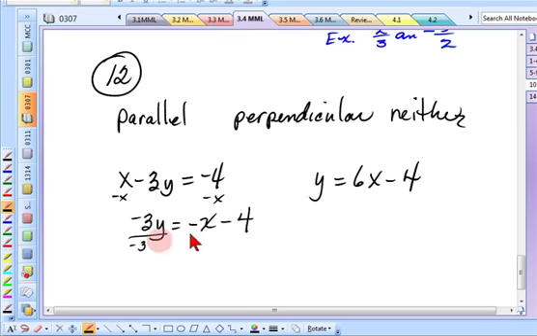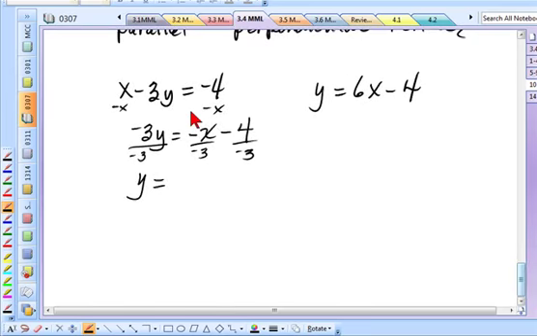Divide all parts by negative 3, and y is equal to, what am I going to write as the fractional coefficient of x? There's a 1 there. So it's negative 1 over negative 3. What is negative 1 over negative 3? Positive 1/3 x. Negative 4 over negative 3? Positive 4/3.